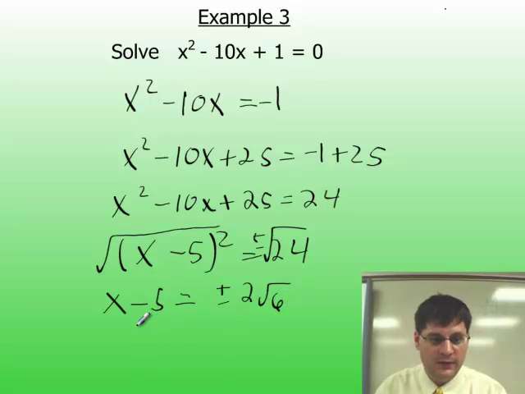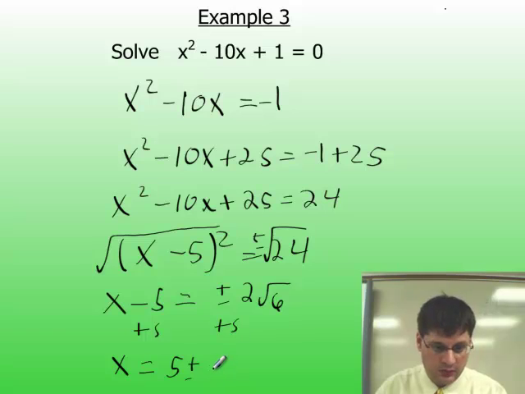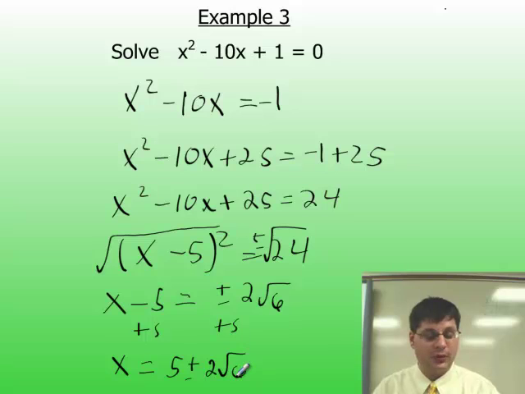And now I'm going to add 5 to both sides, here and here. So x is equal to 5 plus or minus 2 square root 6. So make sure your radical is simplified and then leave it like this.